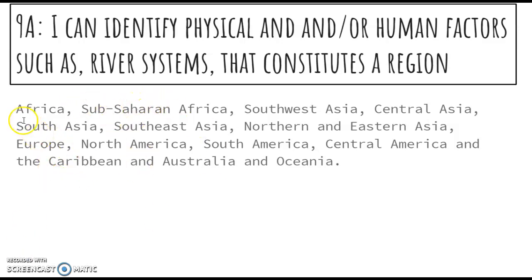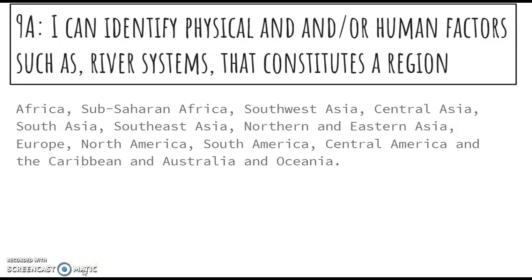For 9A, we look at Africa, Sub-Saharan Africa, Southwest Asia, Central Asia, South Asia, Southeast Asia, Northern and Eastern Asia, Europe, North America, South America, Central America and the Caribbean, and Australia and Oceania. So basically, you need to be able to identify specific river systems, specific countries, specific continents, and specific oceans.